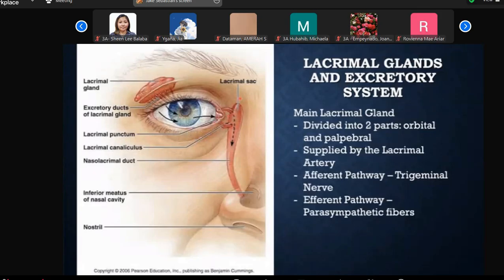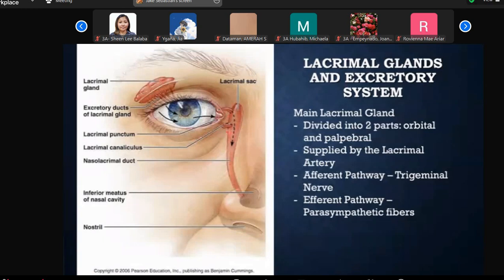This portion here is the fundus of the lacrimal sac. This portion is the lacrimal sac itself. This is the junction between the sac and the duct. The duct is the longest part of the excretory system.